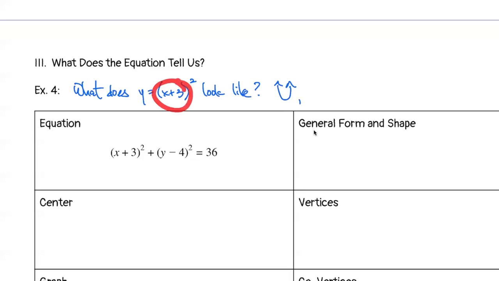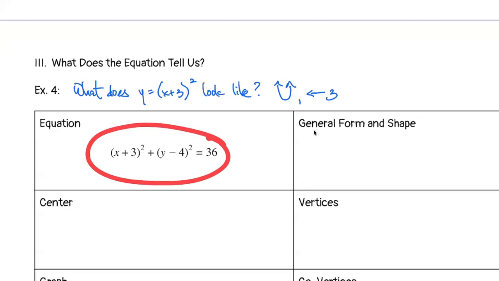What does this x plus 3 tell us? It moves to the left. Yeah, it moves to the left 3. Exactly. Okay. So this right here is going to be important in unpacking what this slightly different equation tells us.